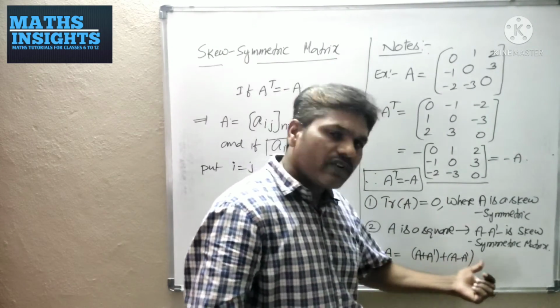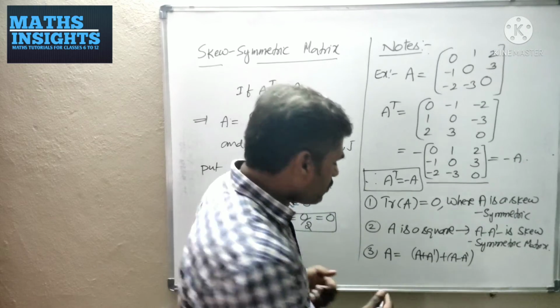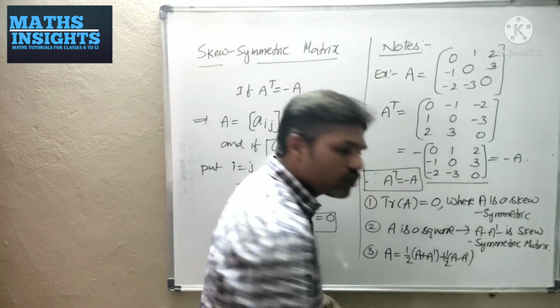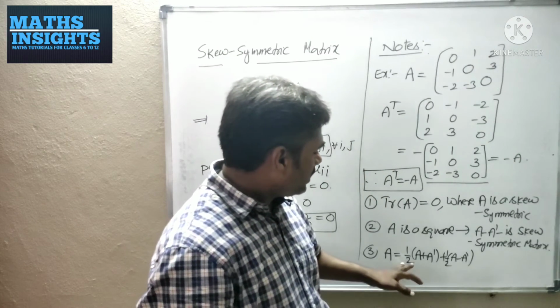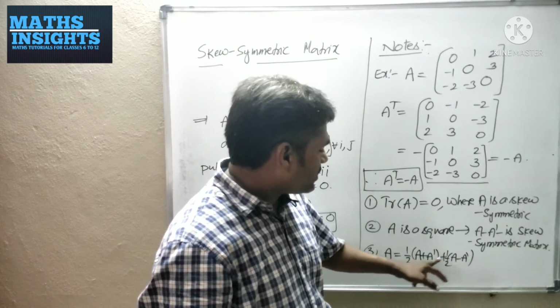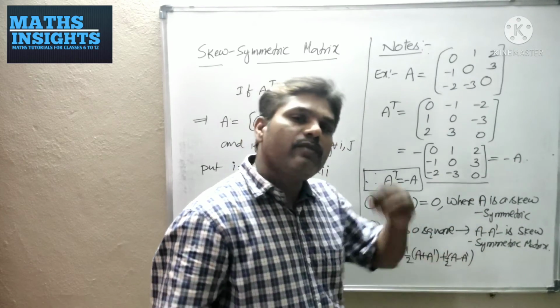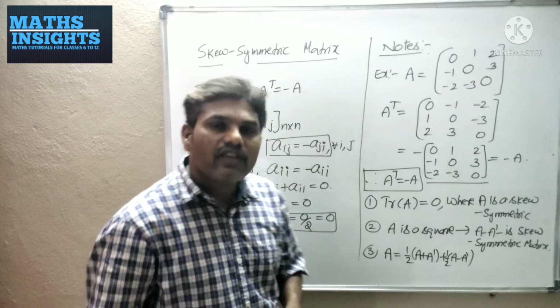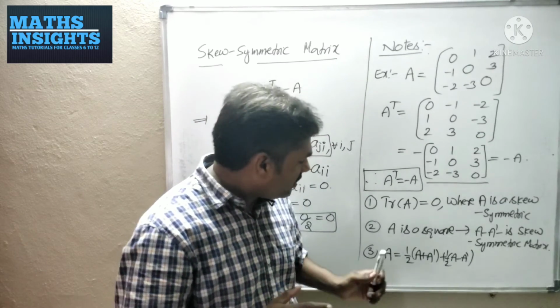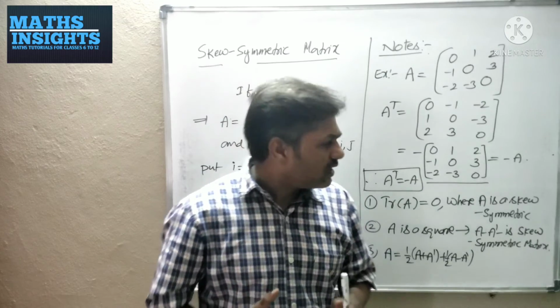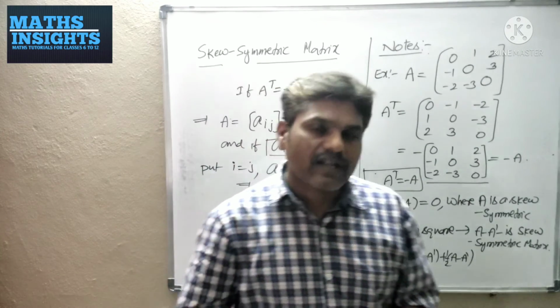But if you do the simplification, you will not get A. So to get A, you have to multiply with 1 by 2 here also. Half A dash minus half A dash will get cancelled. Half A will become full A. That means you will get A back again. In this way you can express A as the sum of symmetric and skew symmetric matrices.